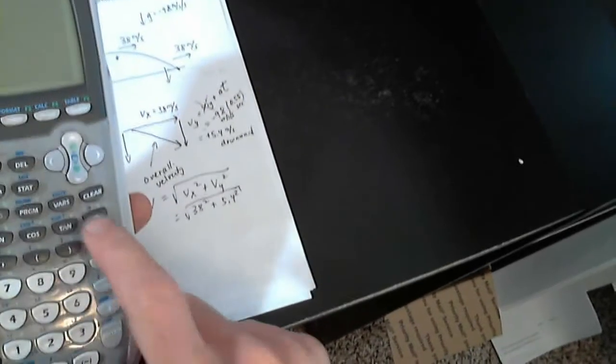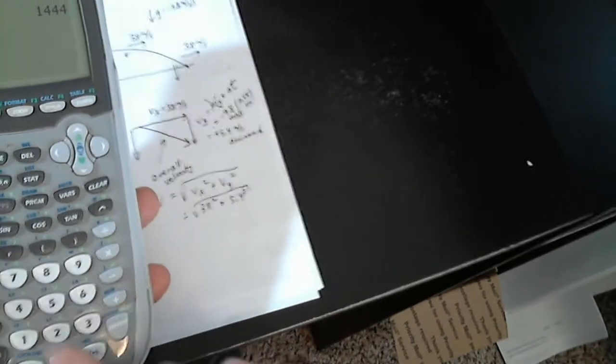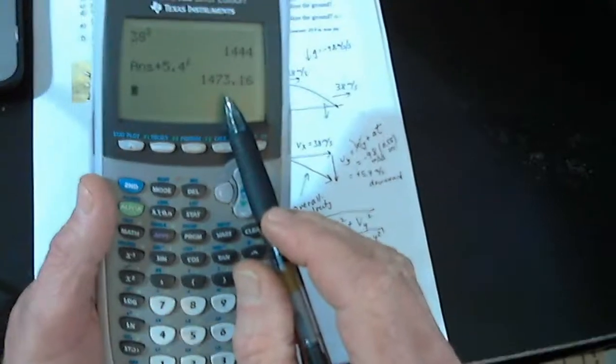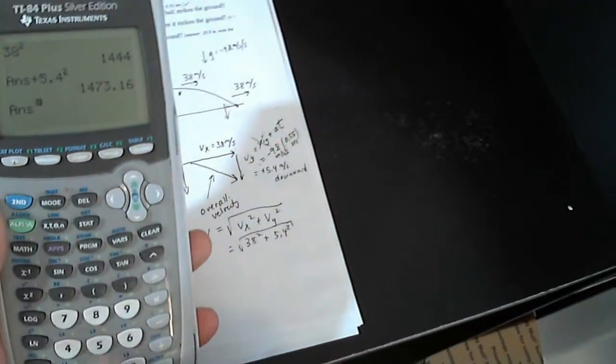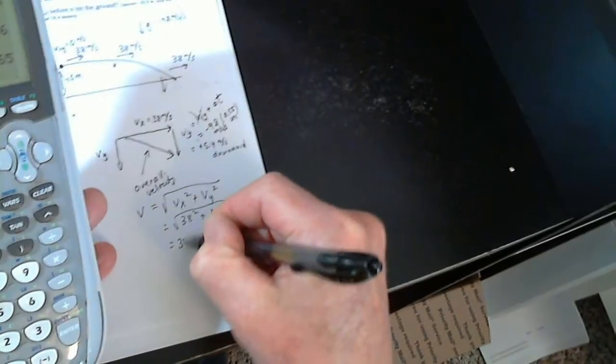Oh boy, my calculator. Let me retry that, clear that. So 38 squared, I'm going to enter that, plus 5.4 squared. I'm going to enter that. I get 1473.16. I'm going to take a square root of all that. And I get about 38.4.